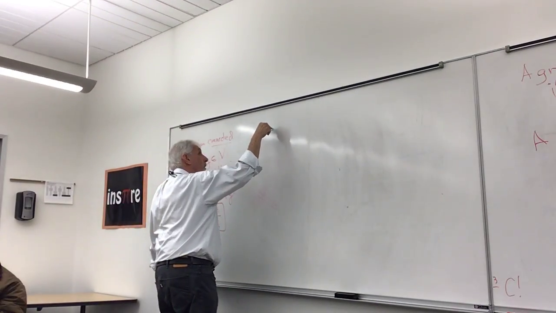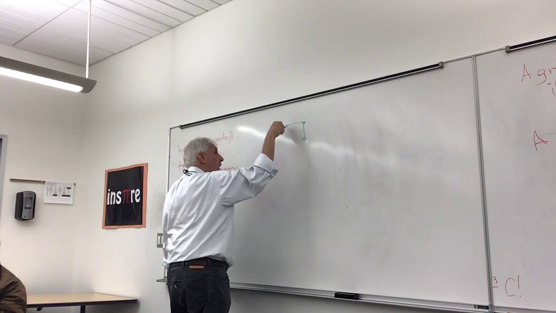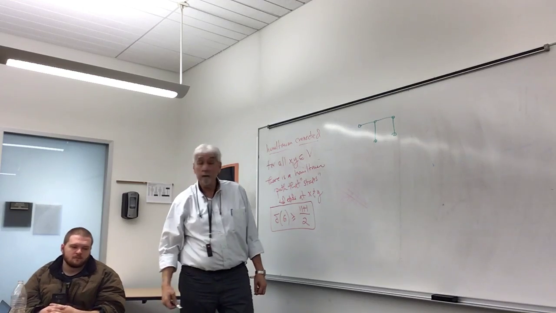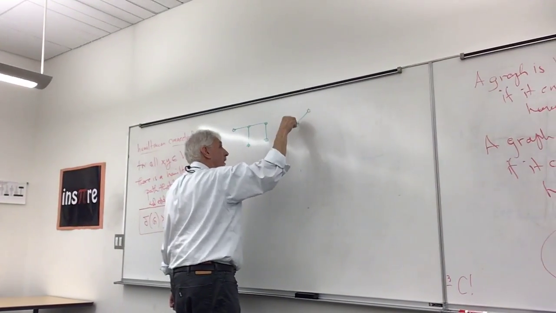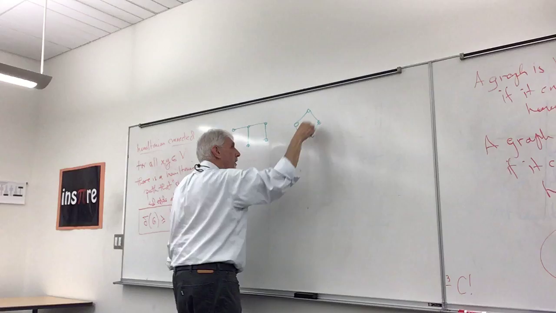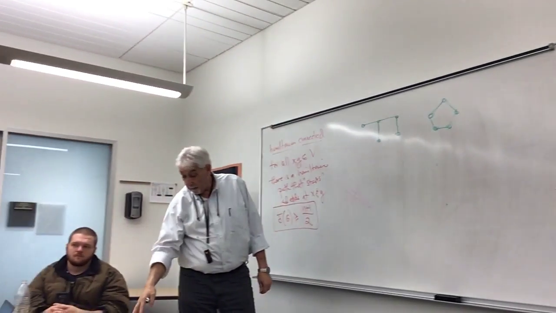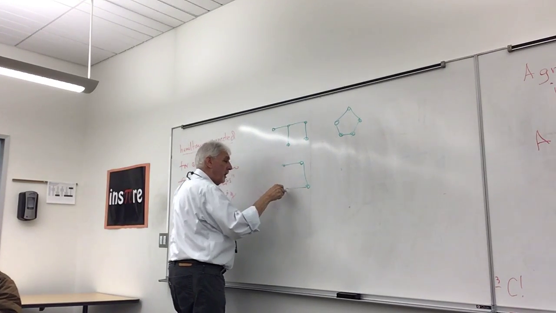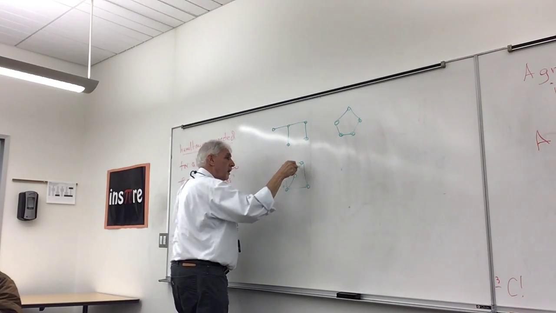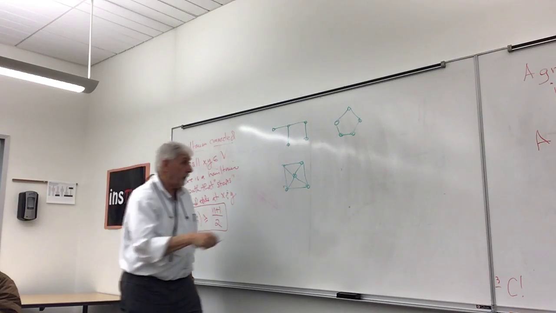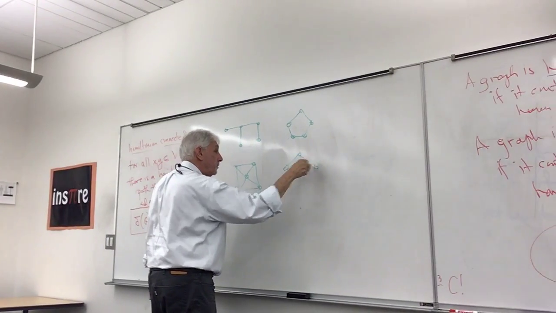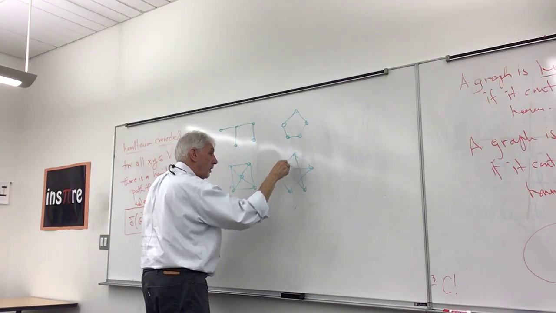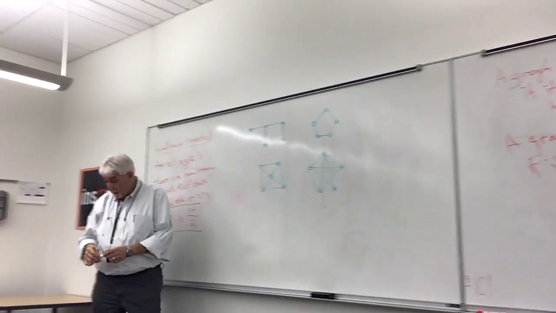Every vertex has a path between it and another vertex. So connected means for any 2 vertices x and y, there's a path from x to y. I don't care how, it's not a Hamiltonian path necessarily, but it's at least a path. So here are 4 graphs on 5 vertices.